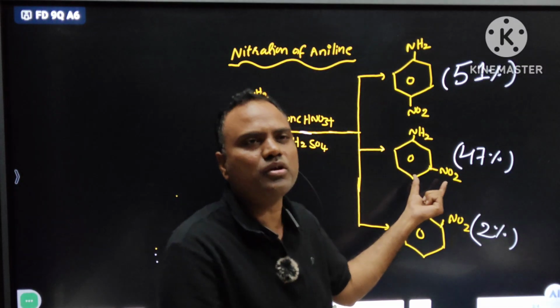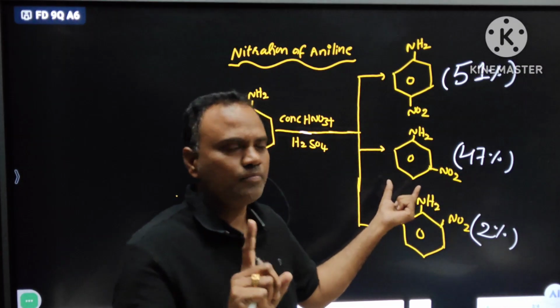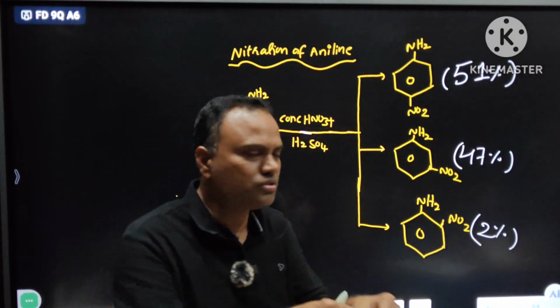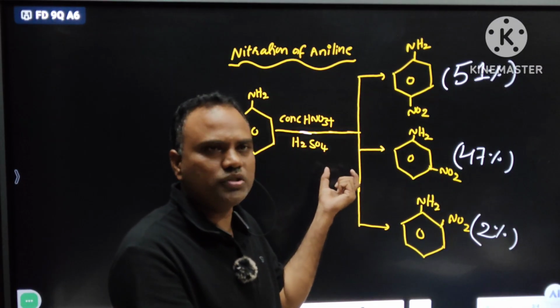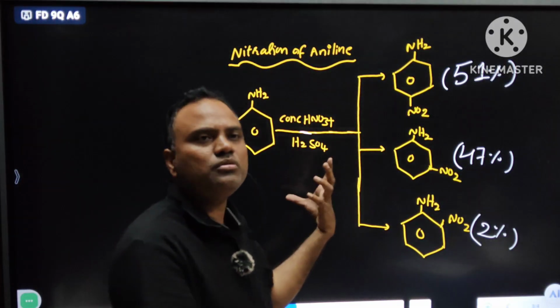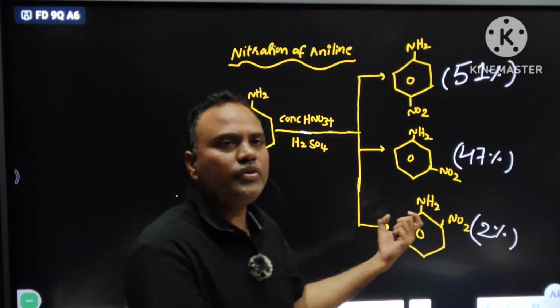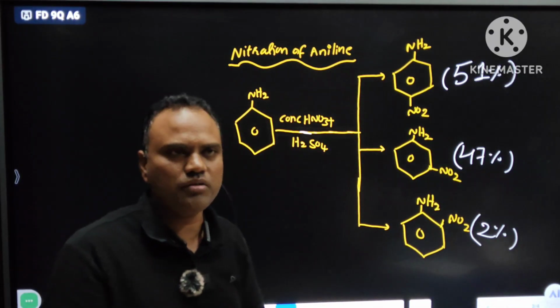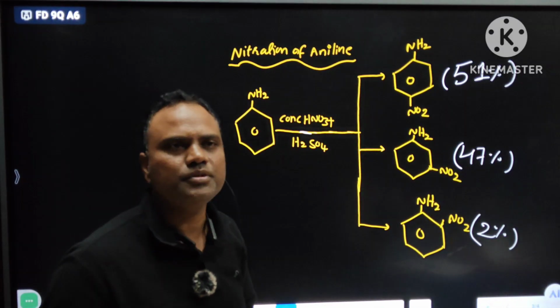That's why you are getting the meta product also. Clear? Percentages are very, very important. In the presence of the reagent you are using for nitration, this donating group is converting into a withdrawing group, and withdrawing groups are meta directing. So you are getting some meta product also. Clear? Very, very important point. Clear?